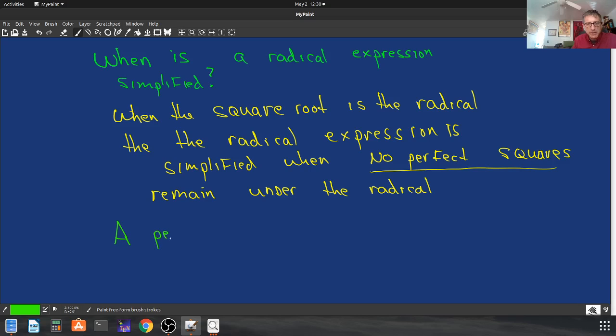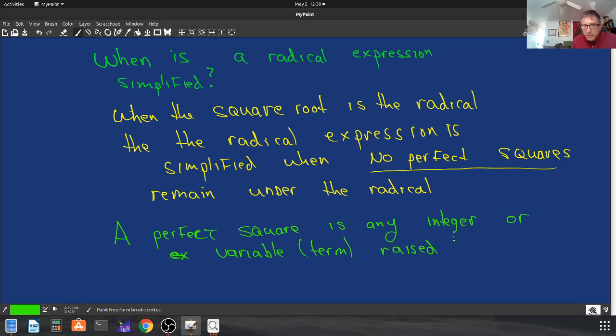A perfect square is any integer, specifically natural number, or variable term raised to, what power do you guess? The power 2.